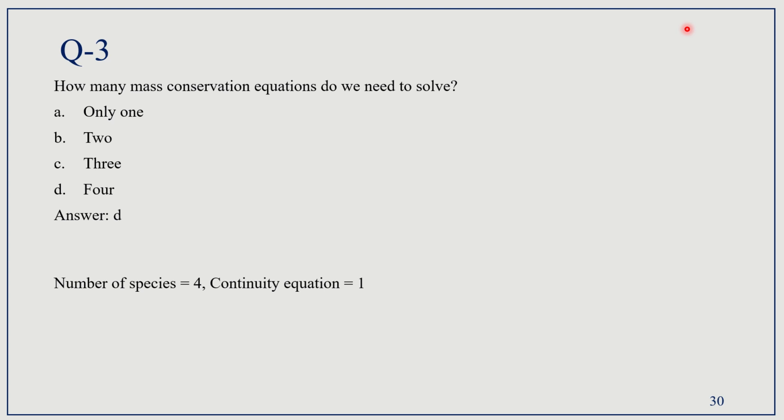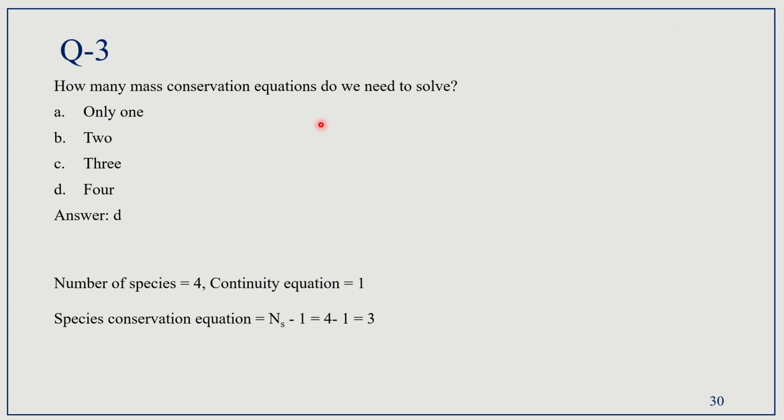Like CO plus H2O giving H2 plus CO2, we have 4 species, but from the continuity equation we have 1. So in total there are 5 mass conservation equations, but since we are accounting for the continuity equation entirely, we can subtract 1 on the basis of the degrees of freedom. So the number of species equations would be 4 minus 1, that is 3.